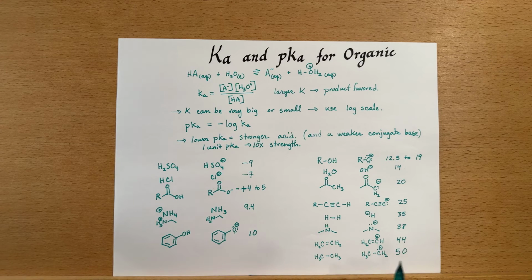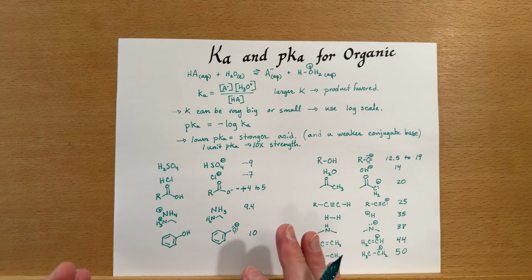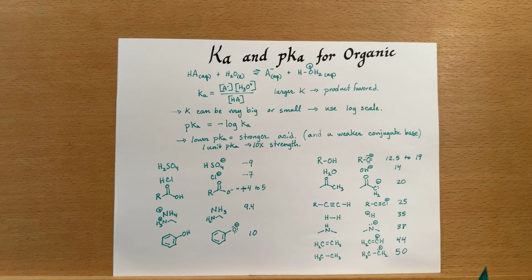Now, let's think about this in the other direction for bases. If we were to somehow make a carbon with a negative charge on it, and it was an sp3 carbon originally, this would be a very good base. One of the best.